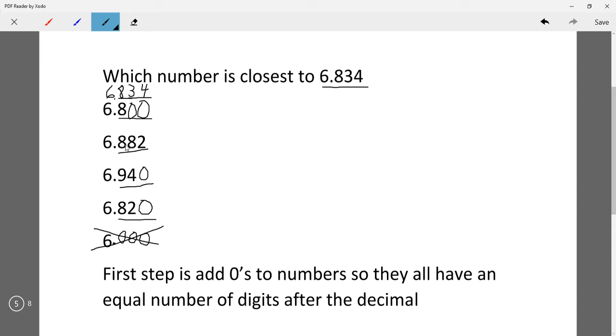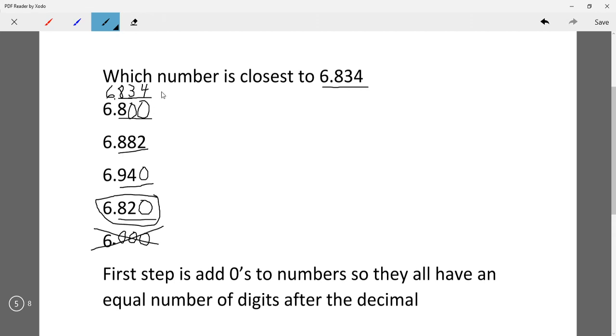We have 88, which is 5 away. We have 94, which is 11 away. And we have 82, which is 1 away. Okay? So this one has to be the closest because 6 and 83 hundredths is closer to 6 and 82 hundredths than any of these other ones. So we don't even have to look at this one, right?